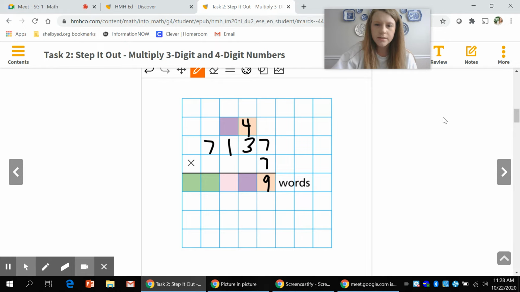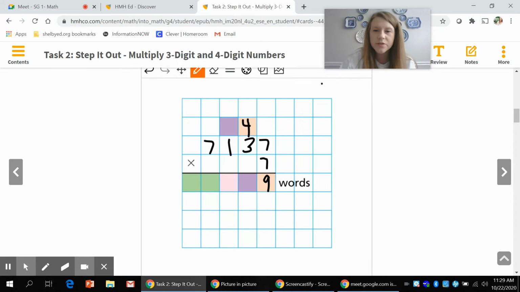Okay. All right, now it says multiply the tens. 7 ones times 3 tens. What is that? Seven times 3. Yes, that's right, 21.